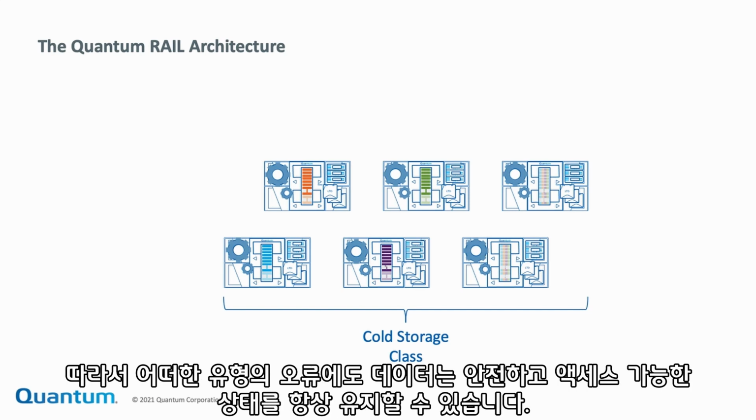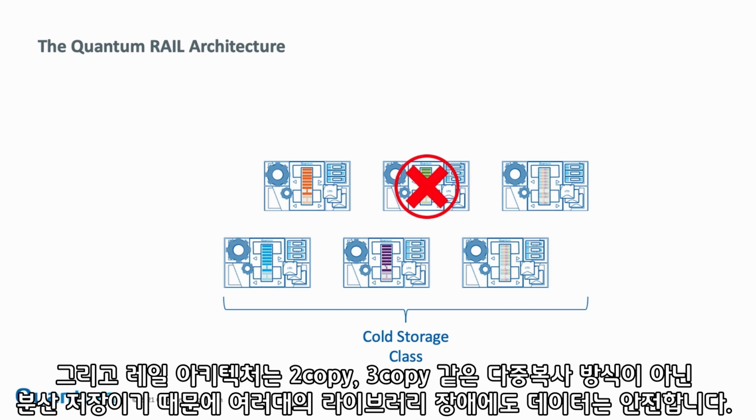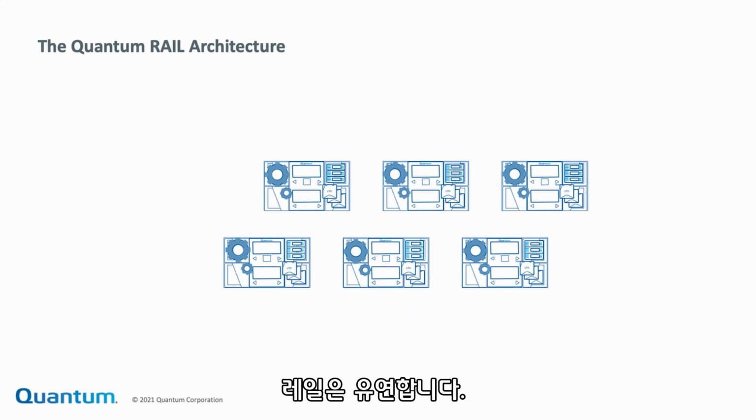So objects are secure and remain accessible in the event of a robotics failure, a drive failure, a tape failure, and even an entire library failure. And because ActiveScale uses 2D erasure coding rather than a multi-copy approach, objects are protected even in the event of multiple library failures. RAIL is flexible.